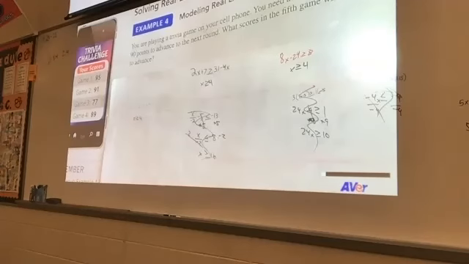Yeah, it is an inequality, because we need at least. So whatever you're doing is fine. It's just instead of an equal sign, it's going to be an inequality.